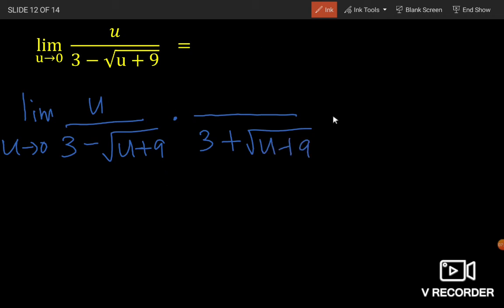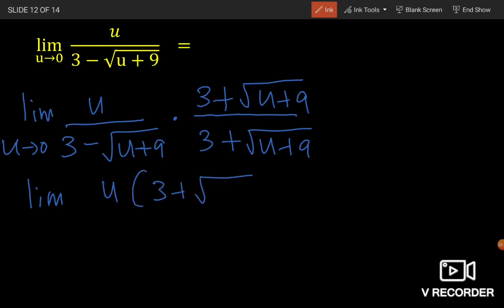Now, to make this term equal to 1, so as not to impact your original expression, let's make the denominator also equal to 3 plus square root of u plus 9. Let me write that first: the limit of u multiplied by 3 plus square root of u plus 9.